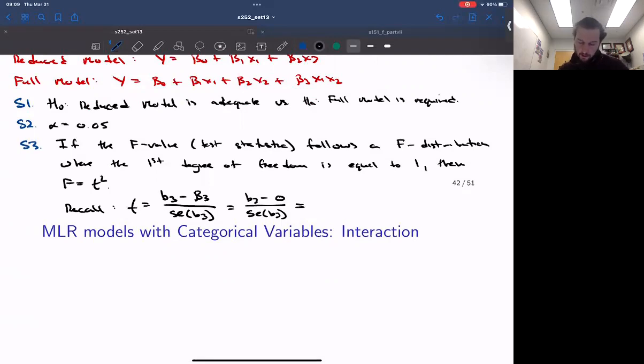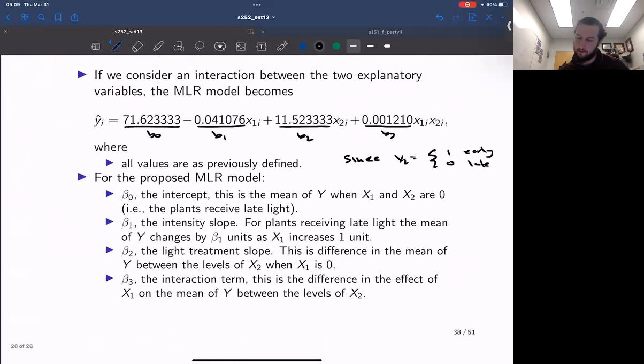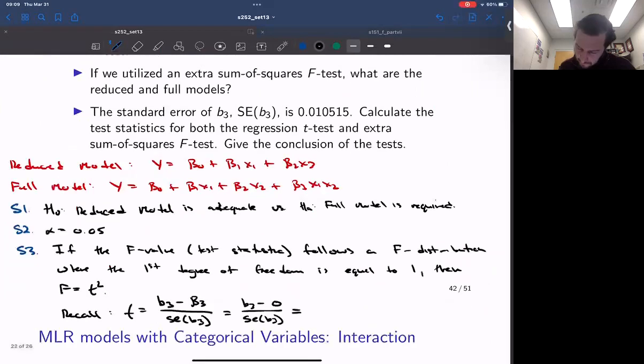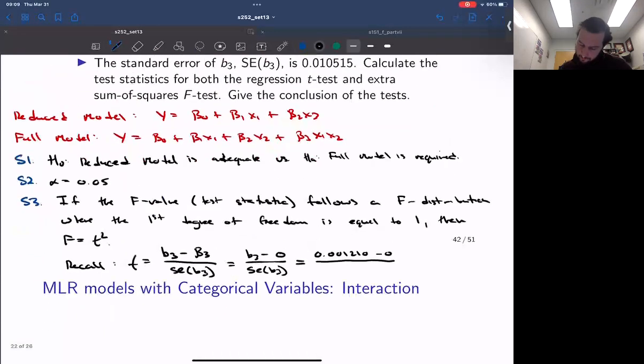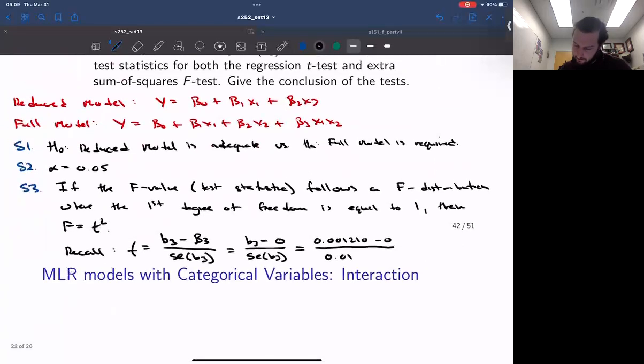Okay, so B3 is given to us on slide 38. That's the 0.001210 minus 0. And then we're going to divide by the standard error, which is 0.010515.